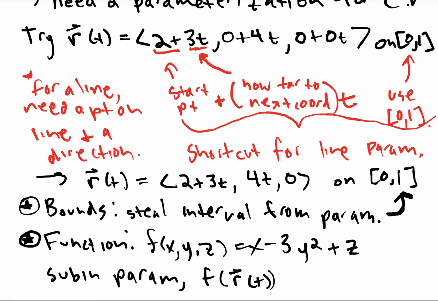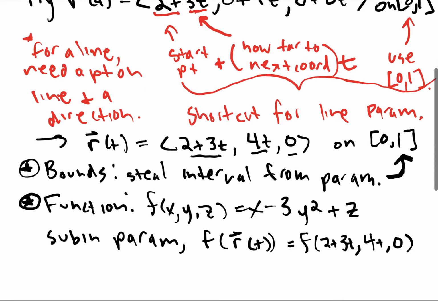Now, this maybe looks a little weird because in my original function I have 3 slots for input, but I'm only writing this like I'm plugging in one thing. But keep in mind, that function for your parameterization has 3 components. So what I'm really substituting in here is your x component for x, your y component for y, and your z component for z.